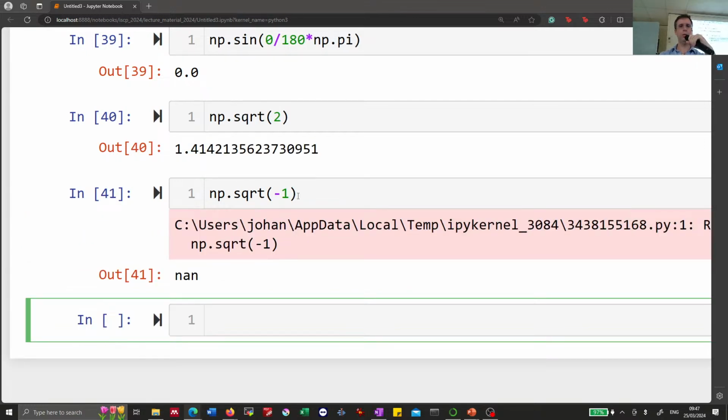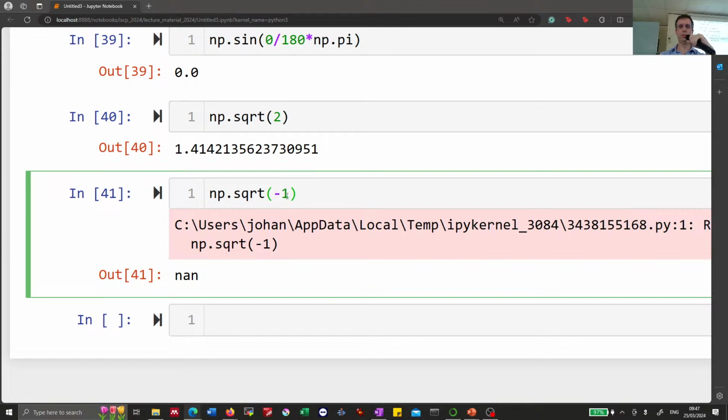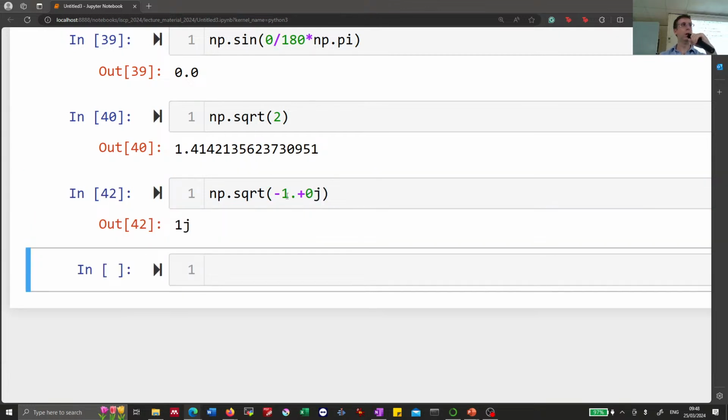So actually, we need to expand our number. From integer, we go to complex numbers, right? And then square root works because it recognizes, hey, now we are working with complex numbers. So the guy asking what is the square root of minus 1 is okay with complex numbers.